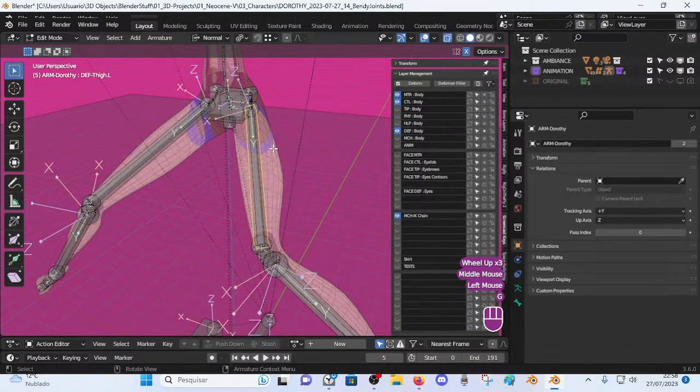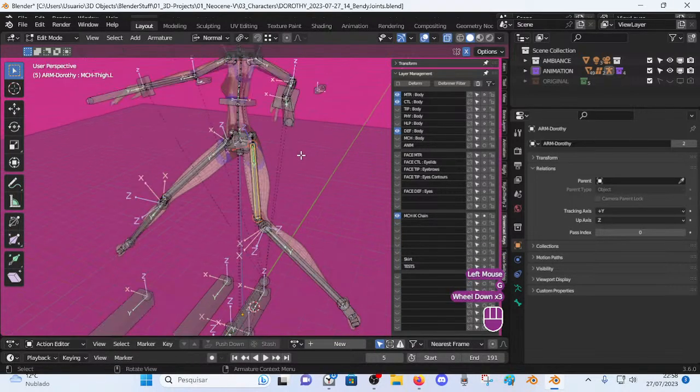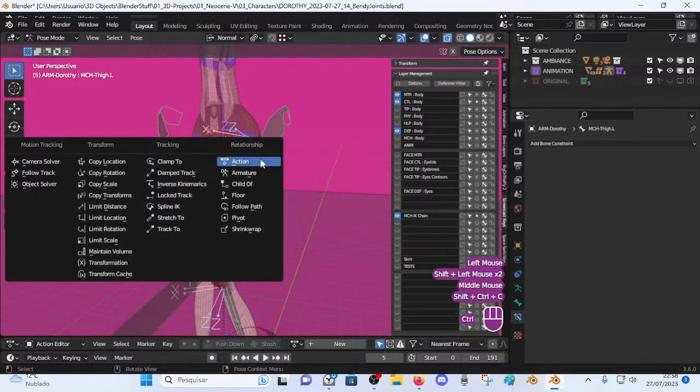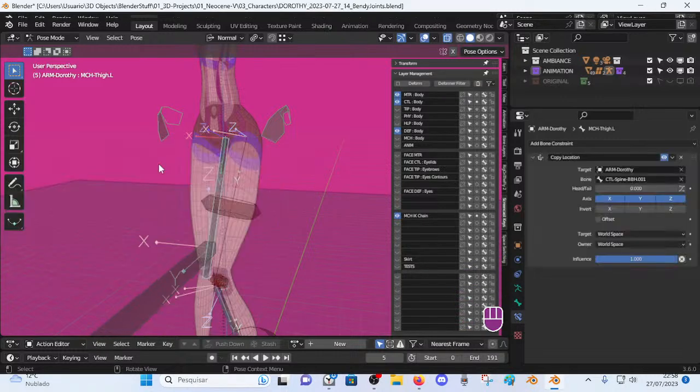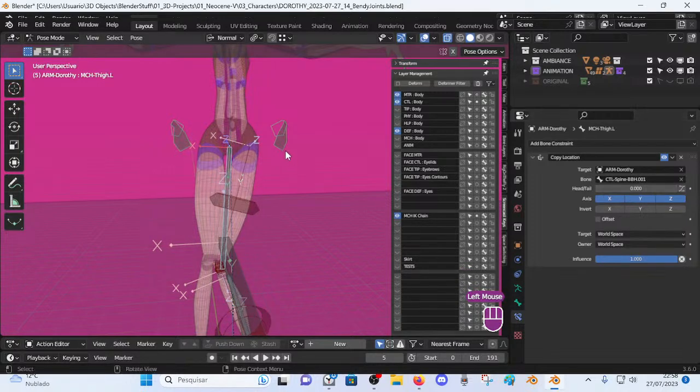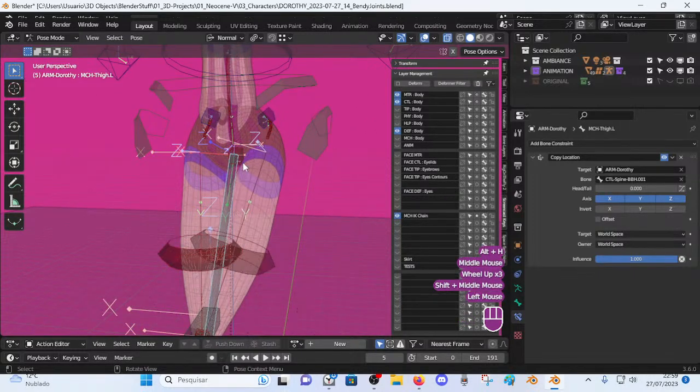So maybe instead of parenting, I could just make a copy location bone constraint to, of course, this bone is in the middle, so it's not that bone that I need to target. I have another reference there. Yeah, I have a bendy bone. I need to check. Okay, I'll have to find it out. So it's here.